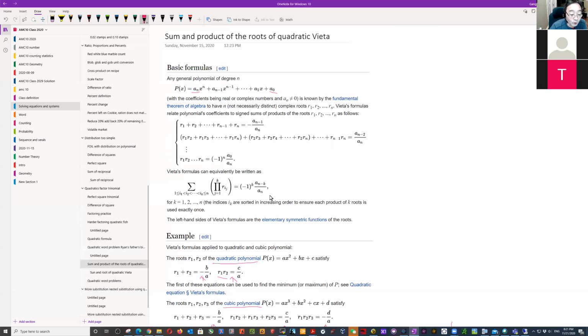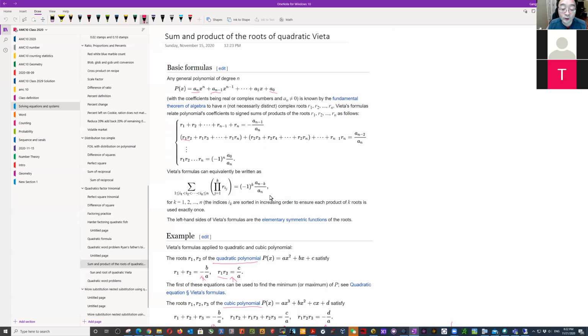And then all the roots added together equal the negation of the second leading term over the leading term. Then this is all the possible ways you can make a product of two roots: R1 R2, R1 R3, all the way to R1 Rn, then R2 R3, R2 R4, R2 Rn.